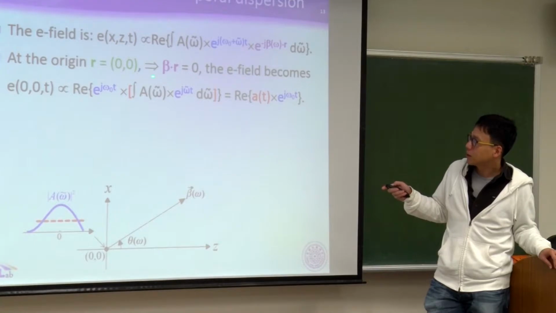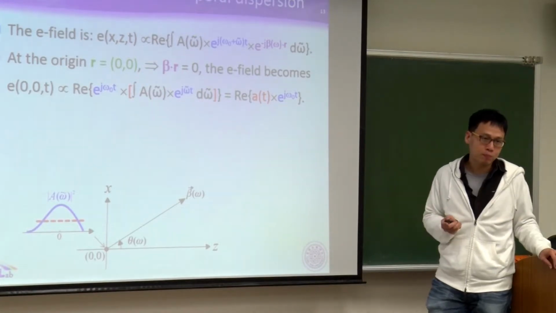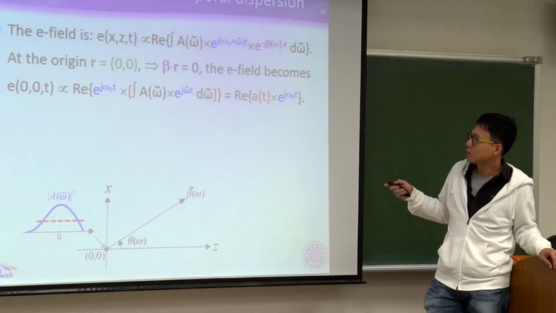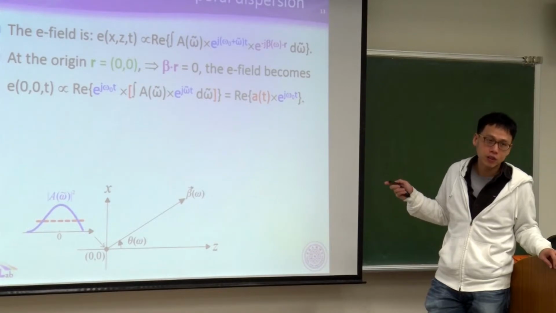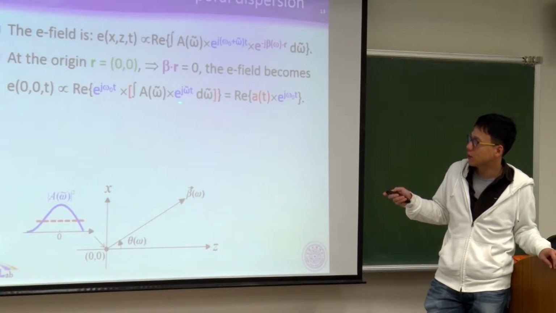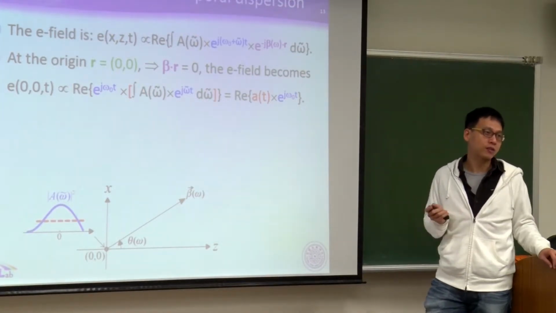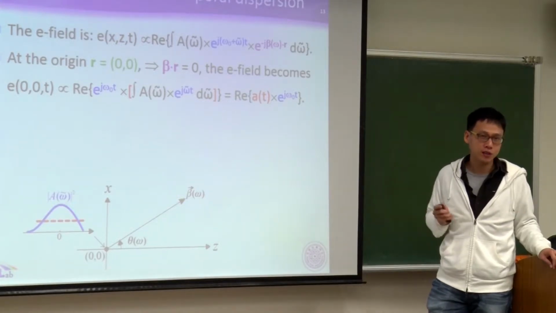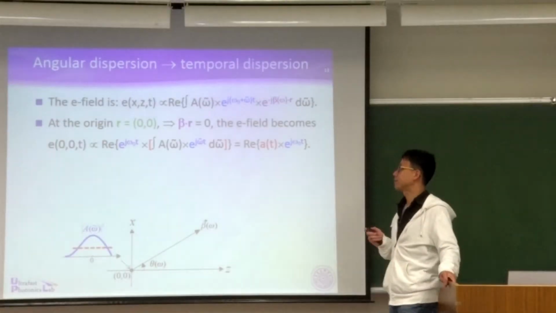But you can see the term within the red bracket is nothing but a of t, the temporal envelope function, because this is the inverse Fourier transform of the big A function, right? So you get the small a function in the time domain.